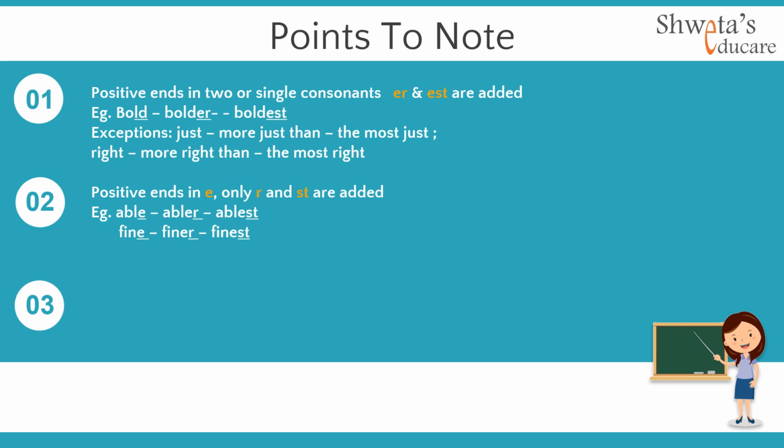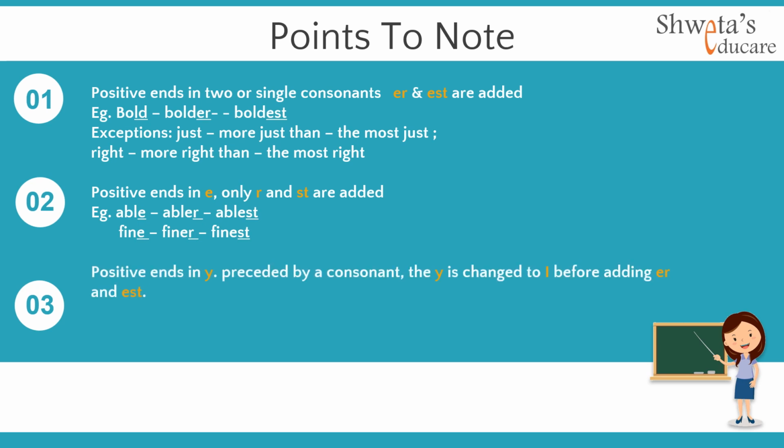Point number 3, positive ends in Y, preceded by a consonant. Preceded means before. The Y is changed to I before adding ER and EST. No problem dear, we have an example, dry. Suppose Y is underlined. In comparative, Y is changed to I first and then you add an ER.